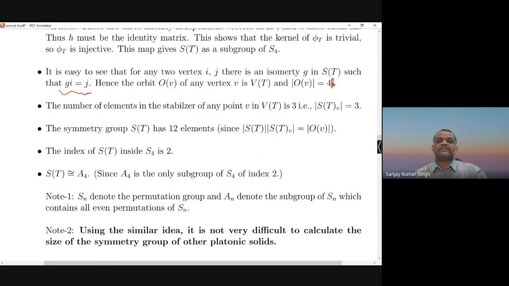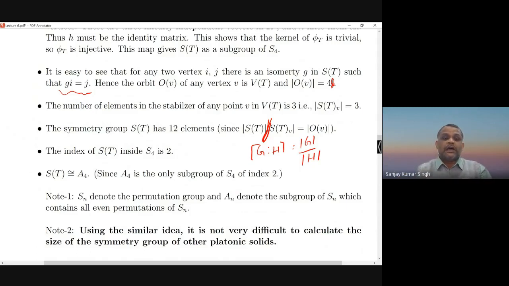It means ST is 3 into 4. Here something should also be written, because the index of H in G is the same as the order of G divided by the order of H.